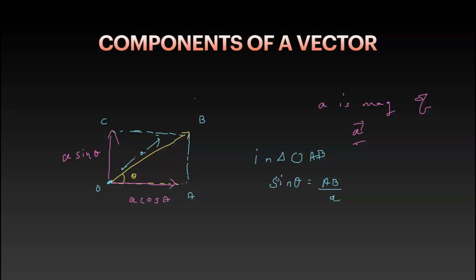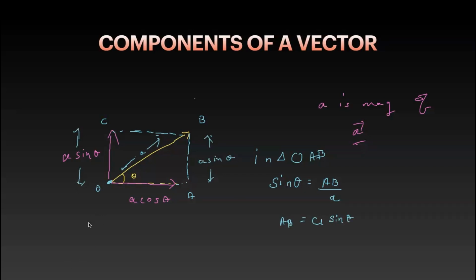The length of that vector is A. Now, AB is nothing but A sin theta. Now, because you are constructing a square, don't you think this will also be A sin theta?